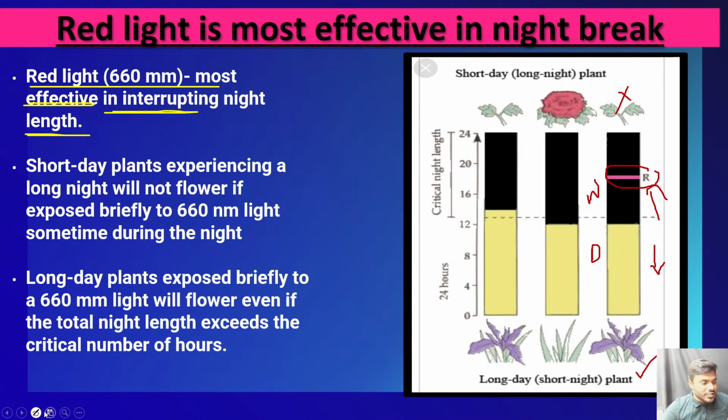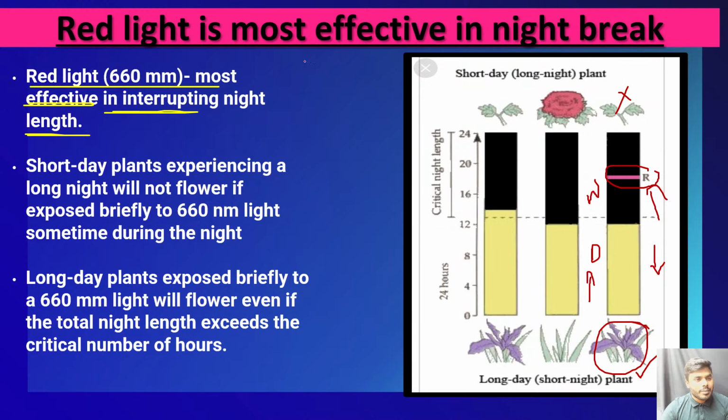Never ever forget this particular statement under any circumstances. So since red light is breaking the night, the night length is getting decreased. Then which length is getting increased? Day length increasing. Obviously, friends, the long day plants are flowering.